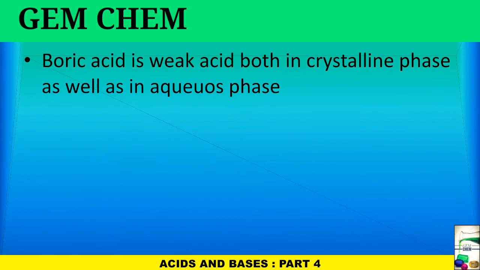Now we have to know that boric acid is a weak acid both in the crystalline phase as well as in the aqueous phase, and we will also deal with the acidity of boric acid in the presence of vicinal diols. This is the only part present in hydroxy acids. In the crystalline phase, there is an unsymmetric hydrogen bonding which is intermolecular in nature.